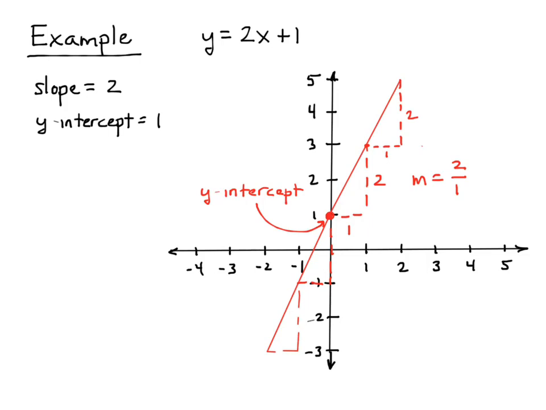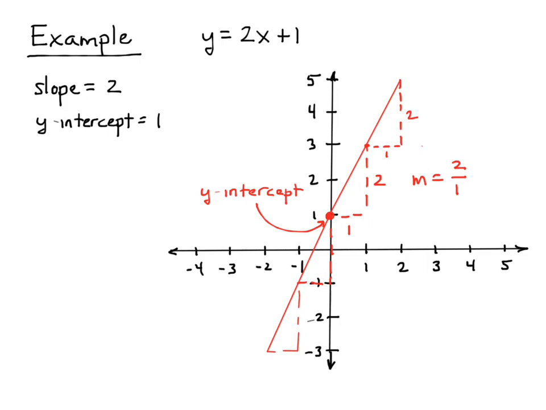Now with a graph for a line, all we need is 2 points. So if we draw this carefully enough, we can just use the straight edge to get the rest of the line, or you can restate your slope in terms of a ratio with larger numbers, let's say 4 over 2 or 6 over 3, and then we can count them out and get 2 points that are further apart.